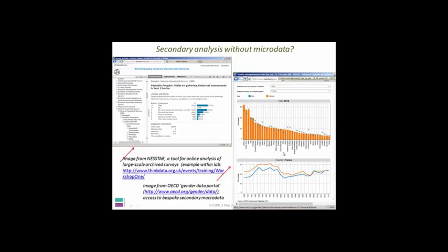In this example, we've got the youth unemployment rate by gender and its trends over time, and more detailed patterns in France. So there are ways you can get to rich, high quality social science information which don't involve downloading the survey and using software to analyse it.